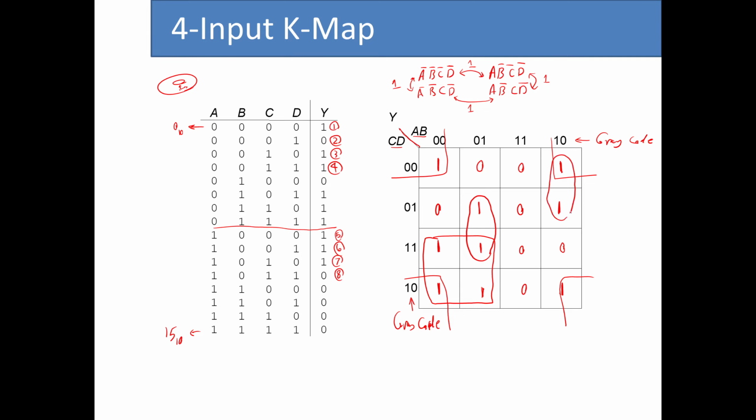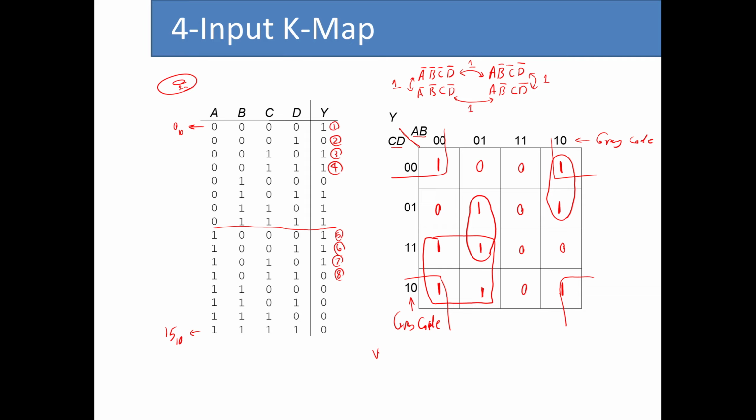So based on this, we include these 2 circles of size 2 as well. So now all the ones that we have in the Karnaugh map are included at least in one circle. So since there are no ones left, we can write the simplified Boolean equation.